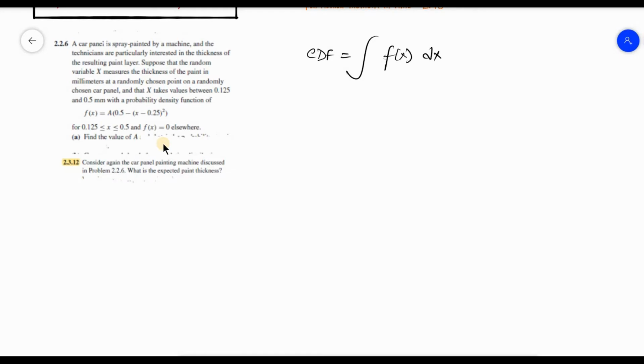So here we are given f of x is equal to a into 0.5 minus x minus 0.25 squared.